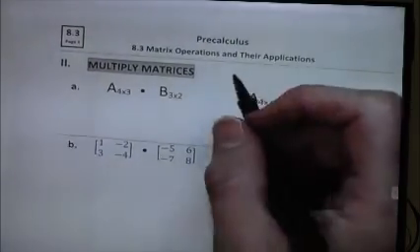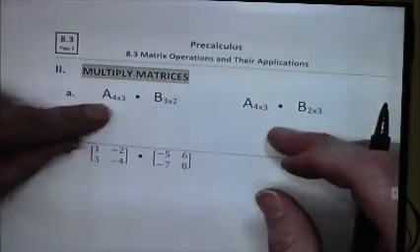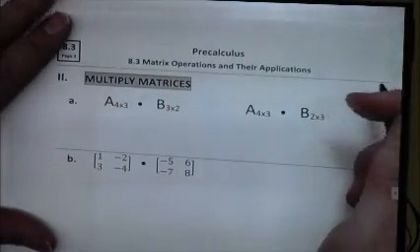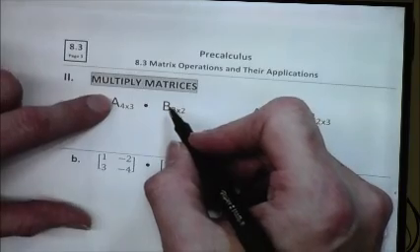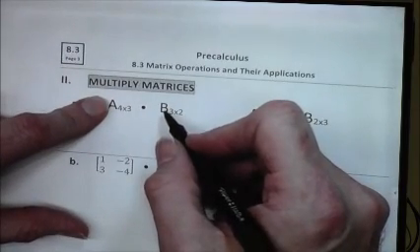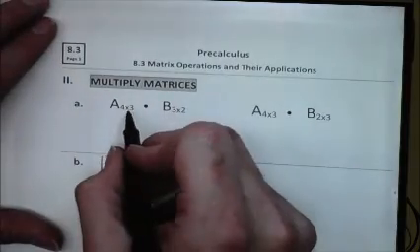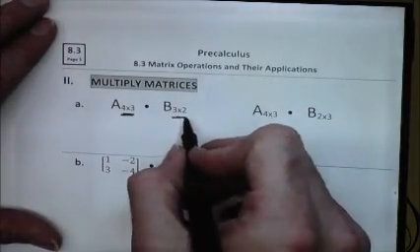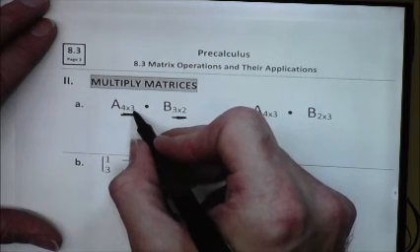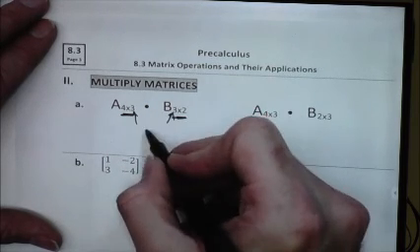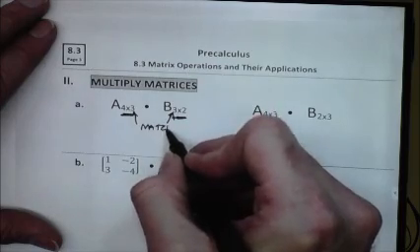For page 3, these first two things I have is a reminder of what you need to know in order to multiply matrices. Okay? So if I want to multiply A times B, it matters what they look like, what their dimensions are. So when you write out their dimensions, the key thing is that the columns of the first one and the rows of the second one have to match.